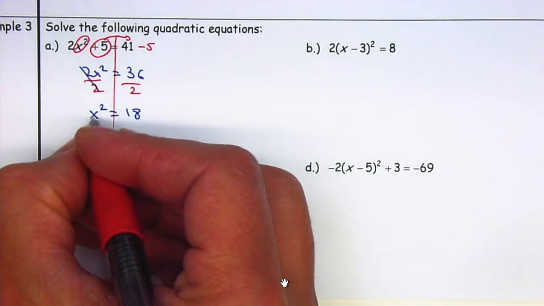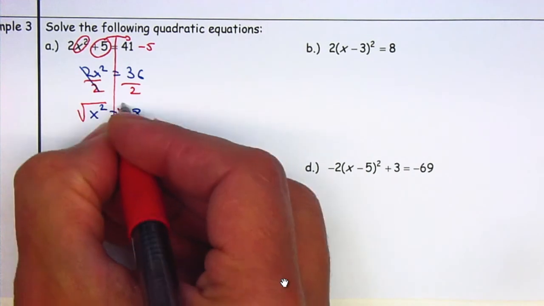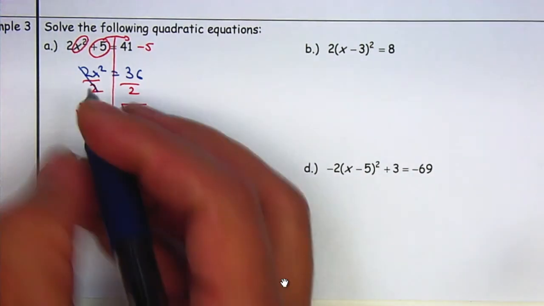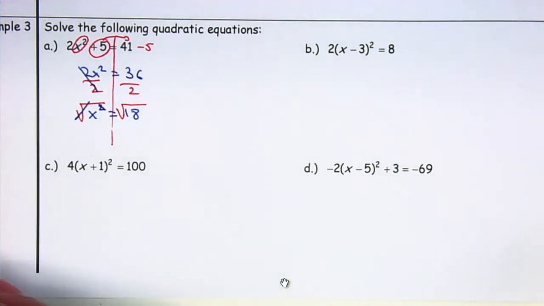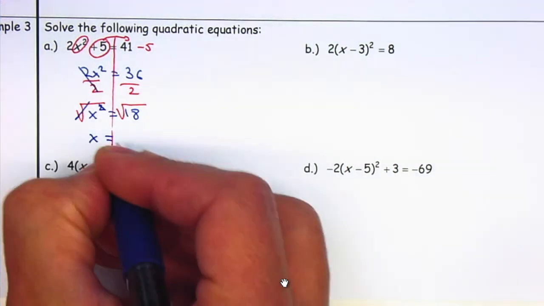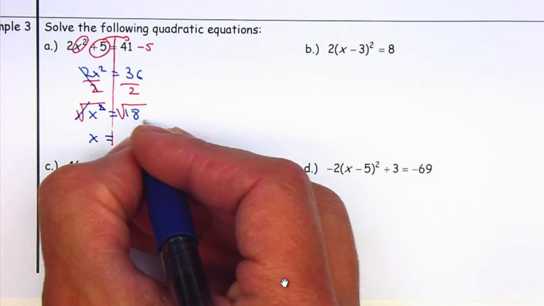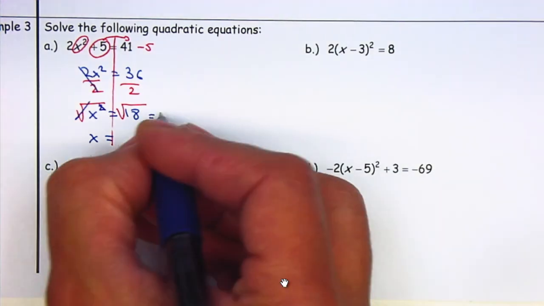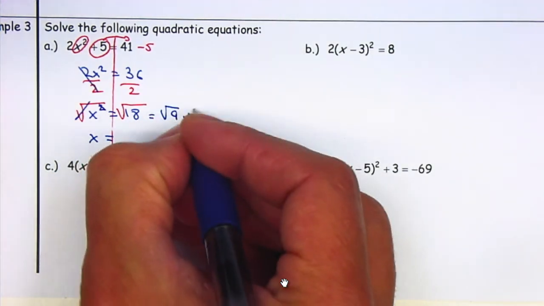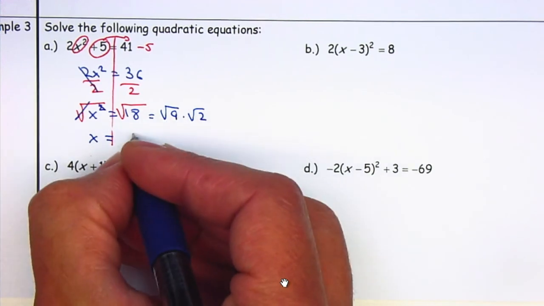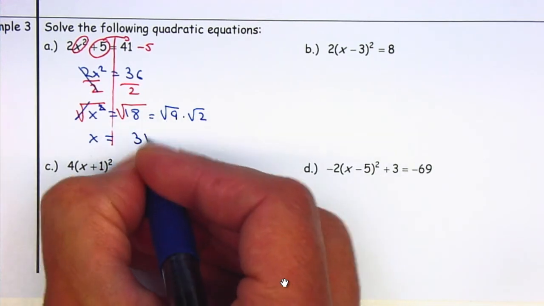So to get rid of the square, we're going to take the square root on both sides. The square root and the square cancel. So we have x is equal to the square root of 18. The square root of 18 is the same thing as the square root of 9 times the square root of 2. So square root of 9 will be 3, and then the square root of 2.